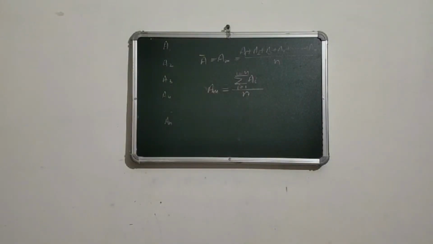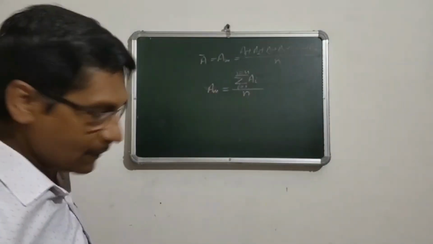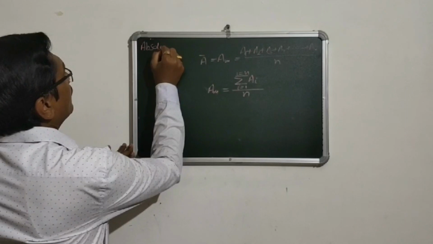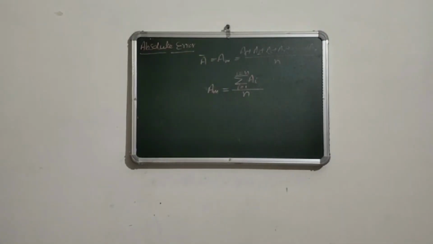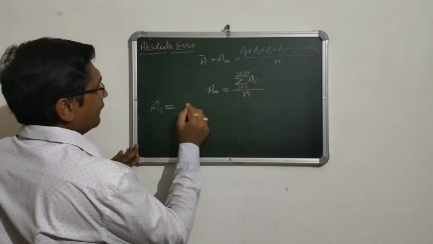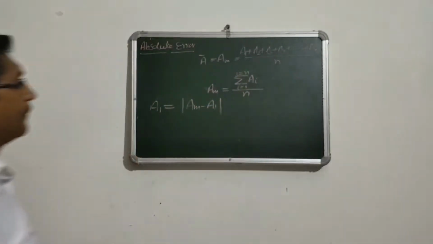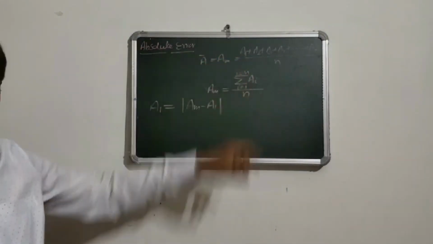Now we can find the absolute error. Suppose the absolute error in the first observation is the modulus of A mean minus A1, where A mean is the mean value and A1 is the first observation.